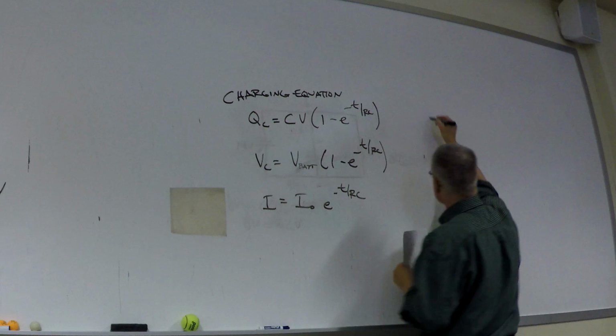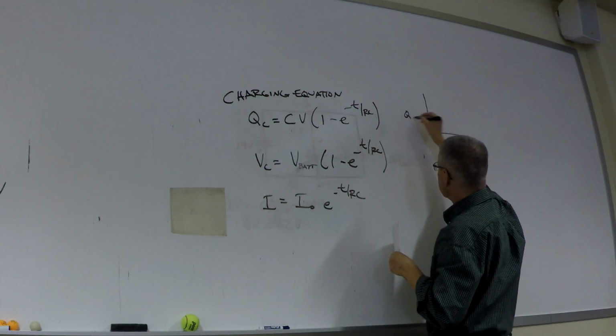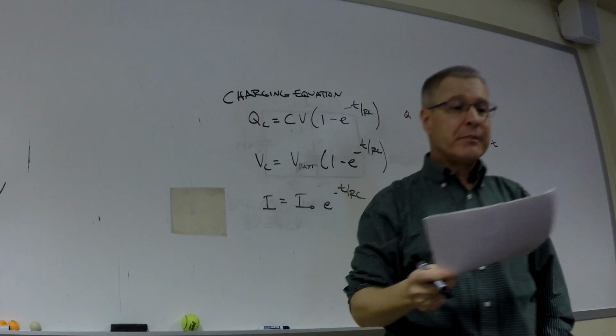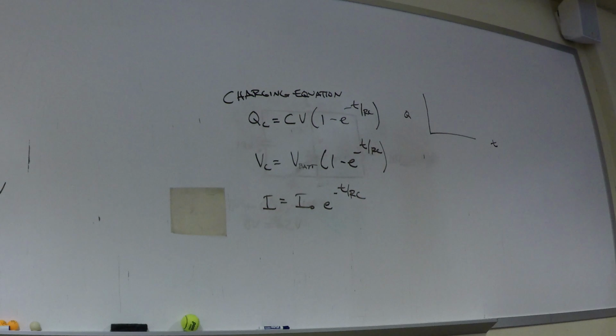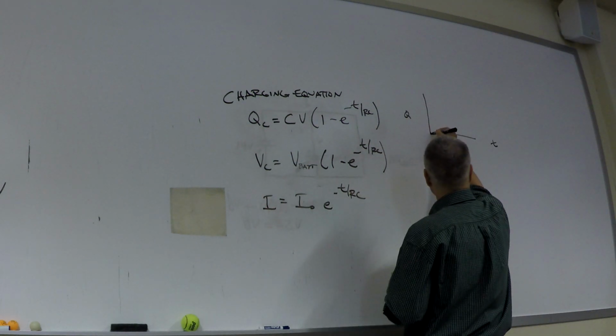So let's say we're going to make a plot of charge versus time: charge across our capacitor versus time. At time 0, where should we be on the graph? It should be at 0. So I know we should be there.